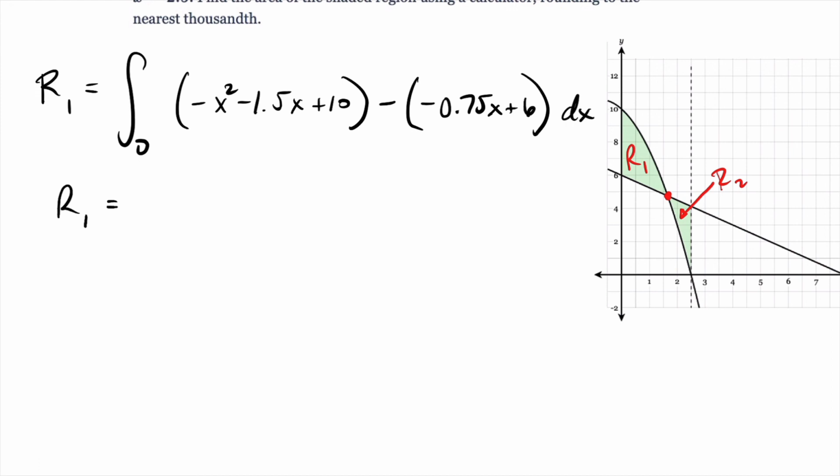Good. Do it. Try it. If the tub of calculators is open, that means we're going to use them. That's what they're there for.